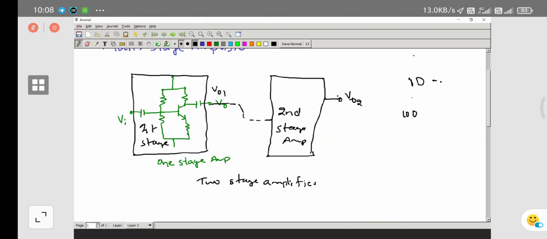This is the available one amplifier, but the customer's required gain is 100. It means you want more voice, you want to listen to more sound. So what we need to do? We need to take 10 of these amplifiers and connect them in cascade connection, so that we are going to get this 100 gain, so that we are going to get more sound.